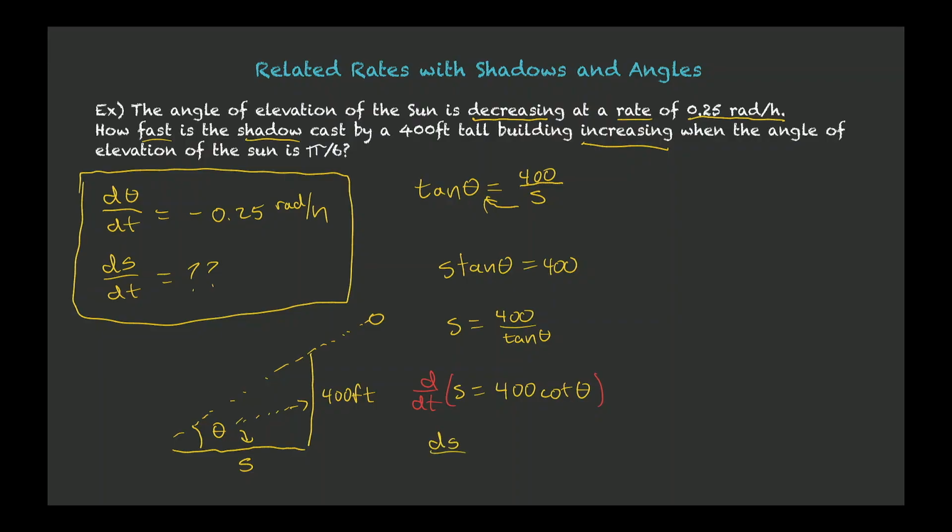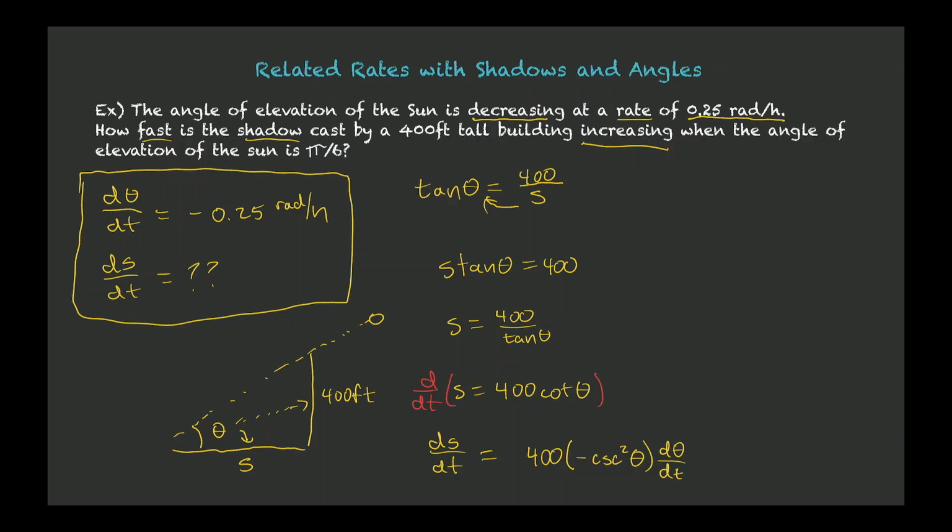That's why I put s by itself. Now it's already solved for ds dt, and that's what we're looking for. The derivative of the other side, the 400 just sits there, and the derivative of cotangent is negative cosecant squared of theta. And then again, we need to tack on our little chain rule here. The derivative of theta is d theta dt.